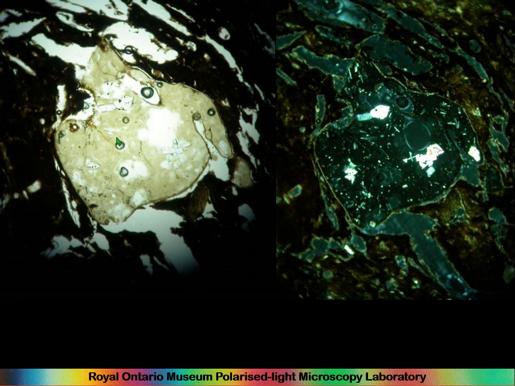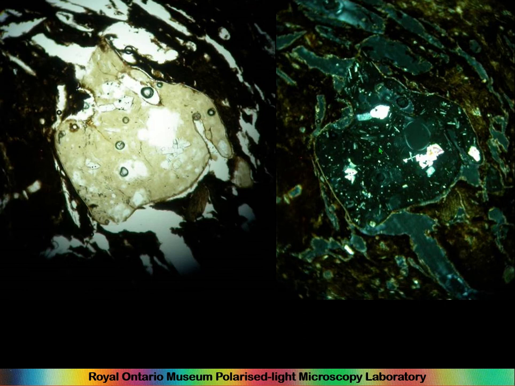And you can see in plain polarized light it looks like this, and in cross polarized light it's isotropic because it's glass and it's vesicular. It's got bubbles in it, bubbly glass, and also within it there are little crystals, because crystals were developing in the glass, in the molten rock before it was shot out and rapidly cooled. So we get a lot of this.